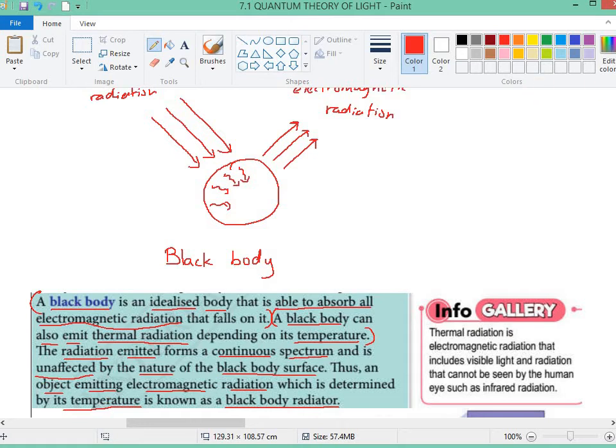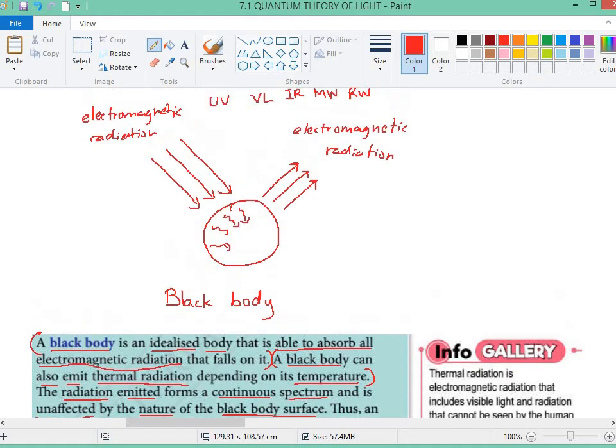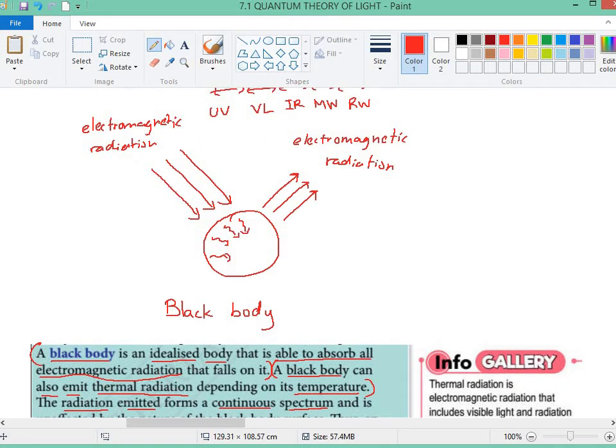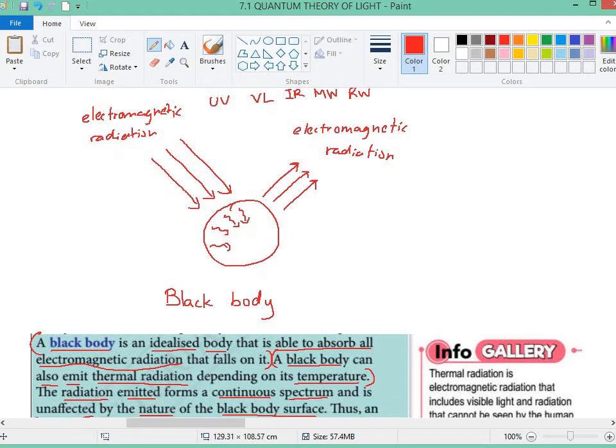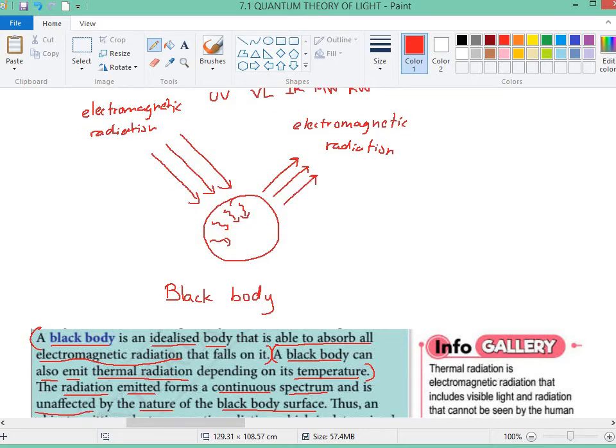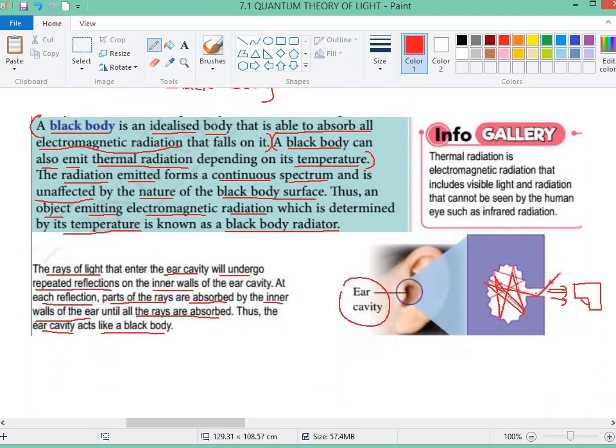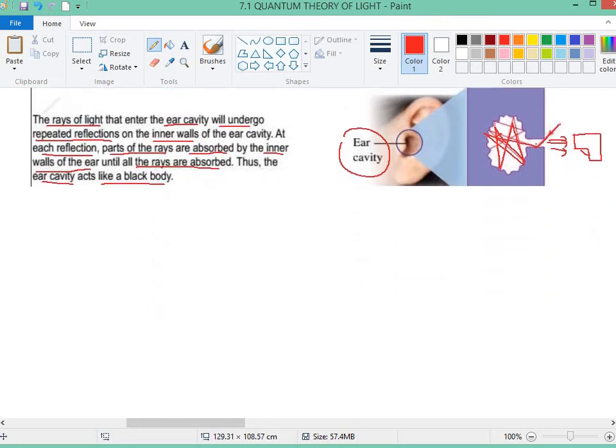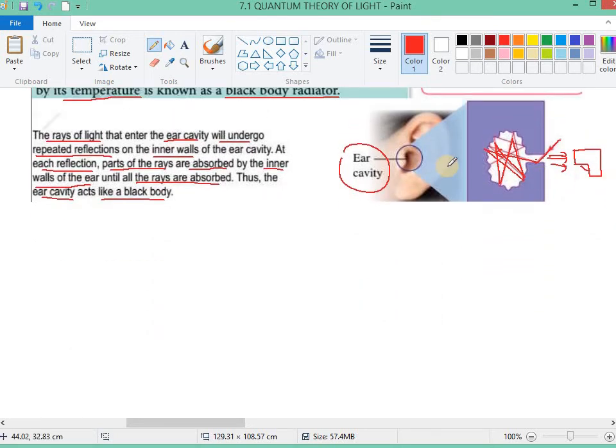So after studying the black body, using the black body as an example, our main character, the person that thought of the idea of quantum theory, is Max Planck.